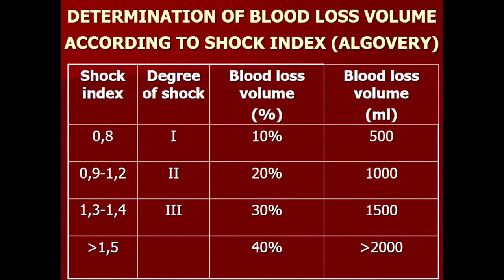Determination of blood loss volume according to the shock index by Algover. If the shock index is half to 1 unit, it is first degree: blood loss of 10% of volume, or a half liter, 500 milliliters of blood. If 1 unit to not more than 1.5, it is second degree: 20%, or 1 liter of blood loss.